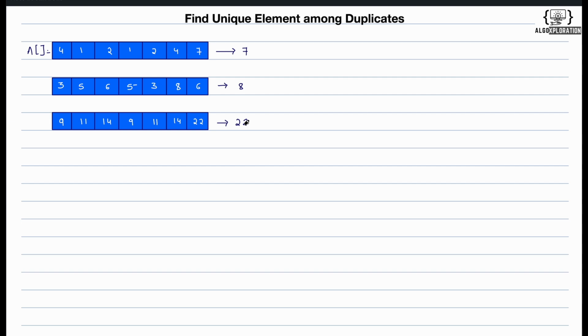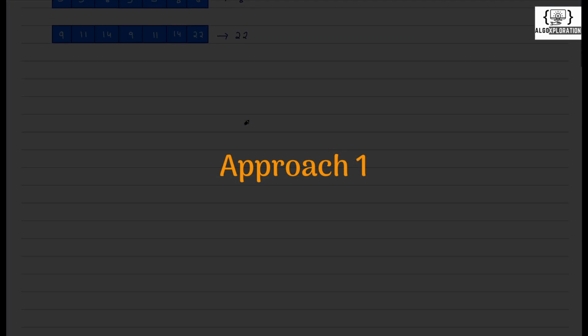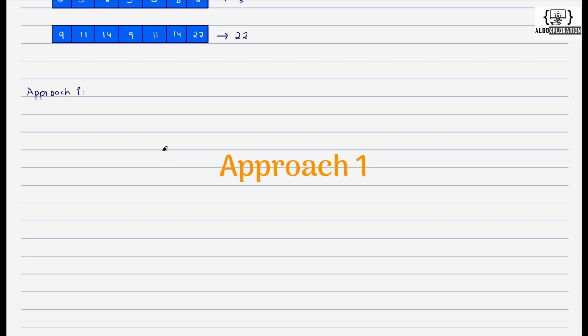Okay. So approach one. Here what we can do, let's take an array A. Here we will have 4, 1, 2, 1, 2, 4, 7.